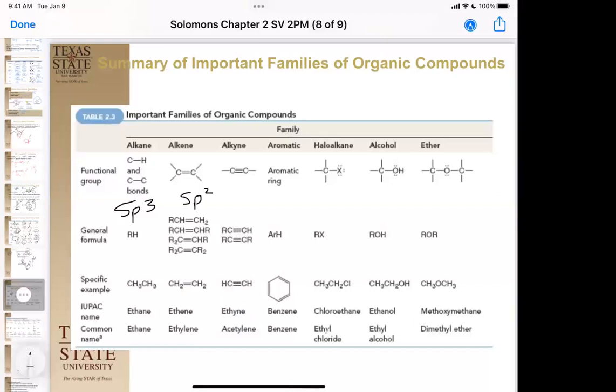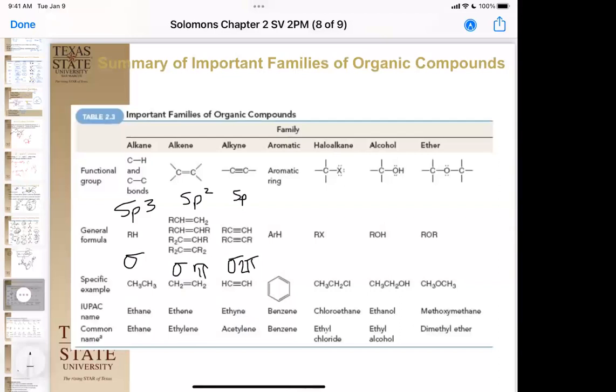We have at least 2 sp hybridized in an alkyne. So we have only sigma bonds, we have a sigma and a pi bond, and we have a sigma and 2 pi bonds right here. So those are our basic hydrocarbons, okay?